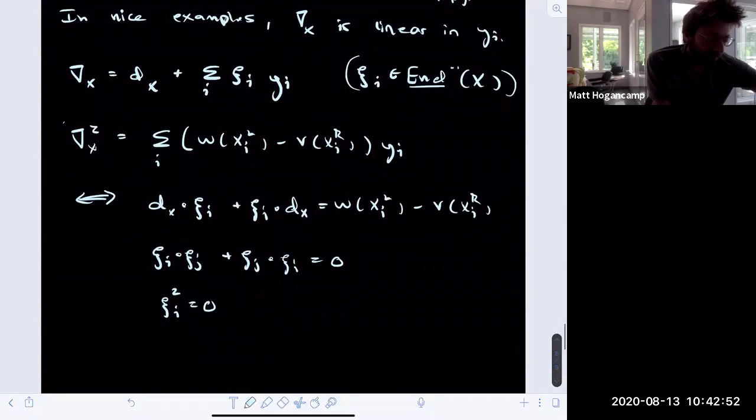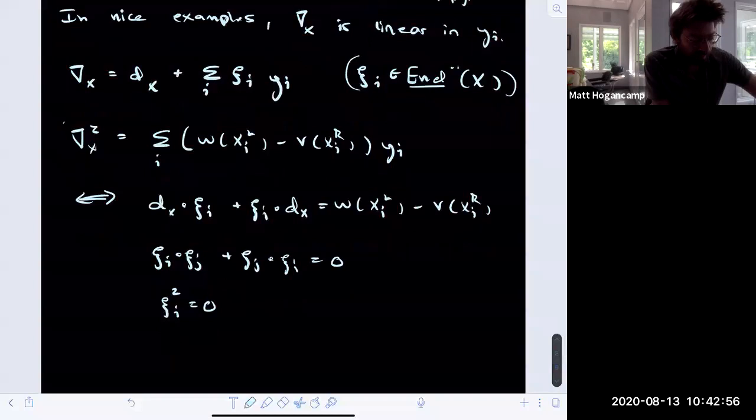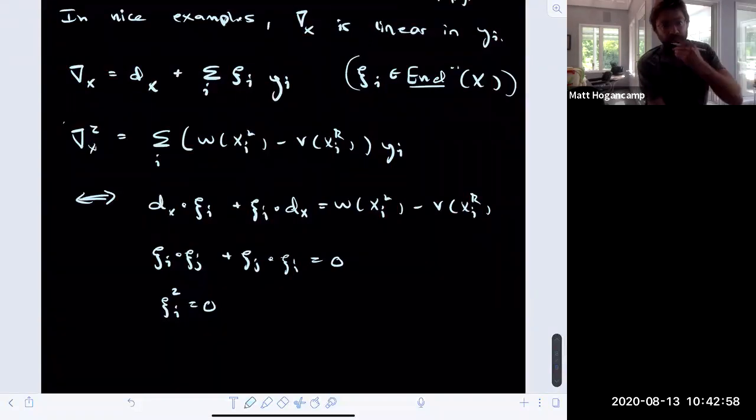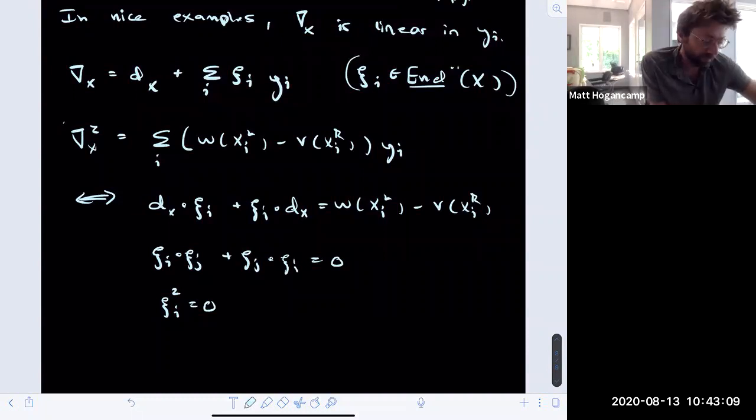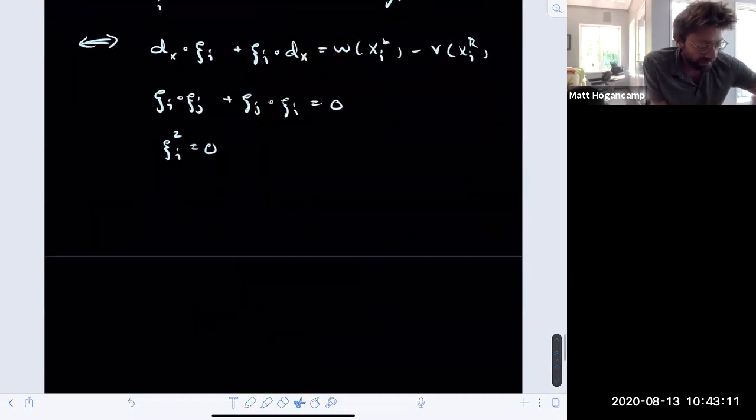Okay, so basically the data of an object in this case is equivalent to a collection of homotopies which kill the action of polynomials on the left and on the right, twisted by the fixed elements V and W.